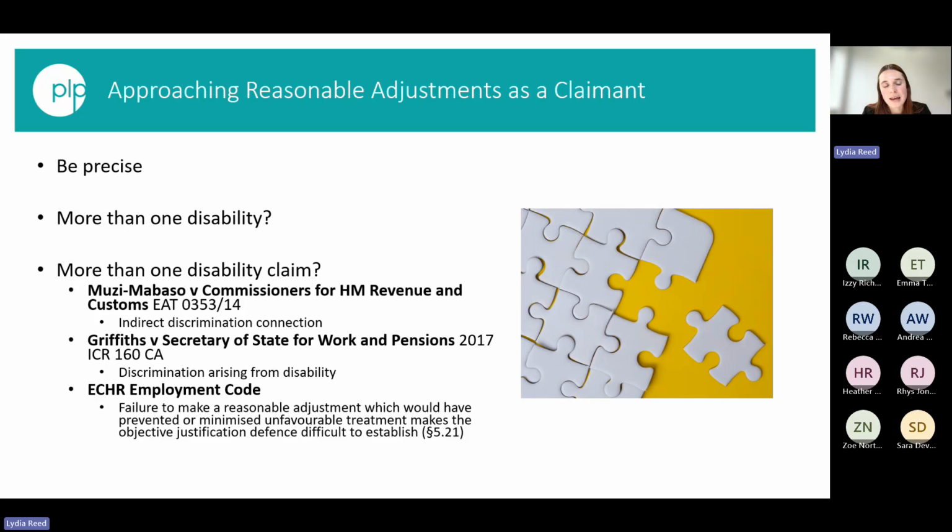And that, I think, flows throughout each component of the claim. So being precise with the PCP, if applicable, or alternatively the physical feature or failure to provide an auxiliary aid, and the substantial disadvantage, and then the adjustment. So that pipeline should really flow from start to finish.